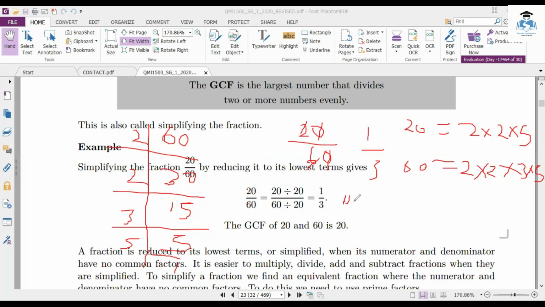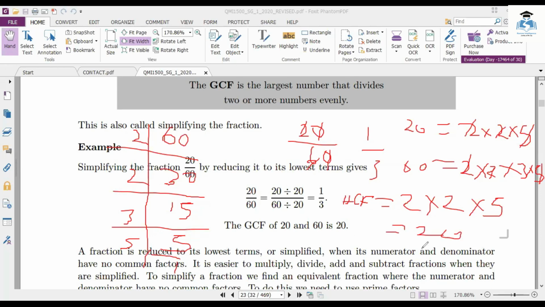So HCF or GCF is equal to 2 times 2 times 5. So 2 times 2, 4, 4 times 5, 20.